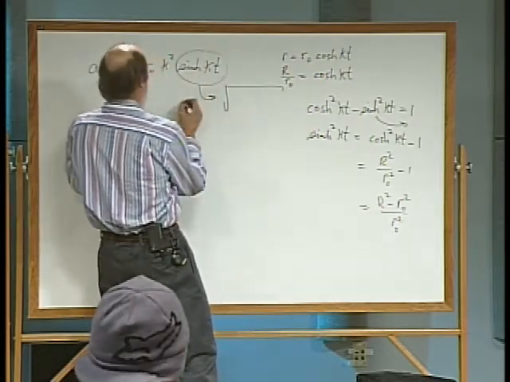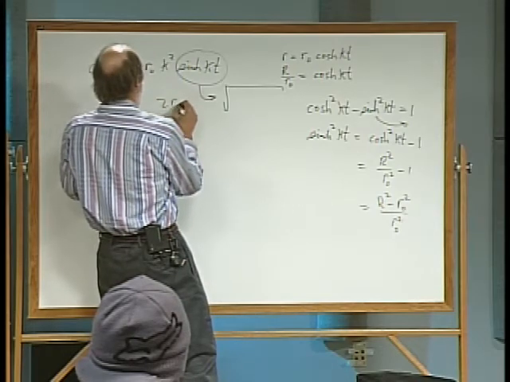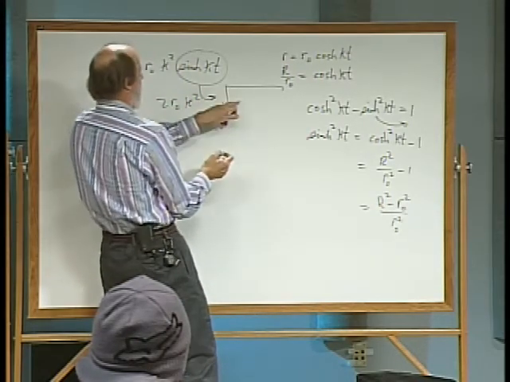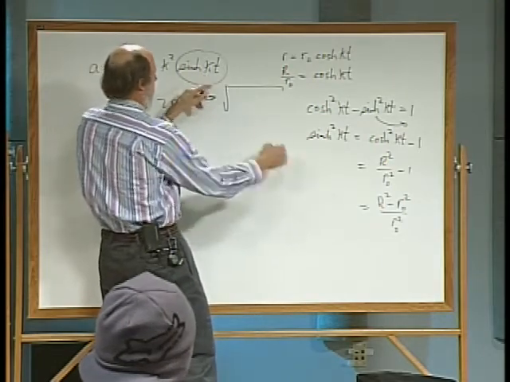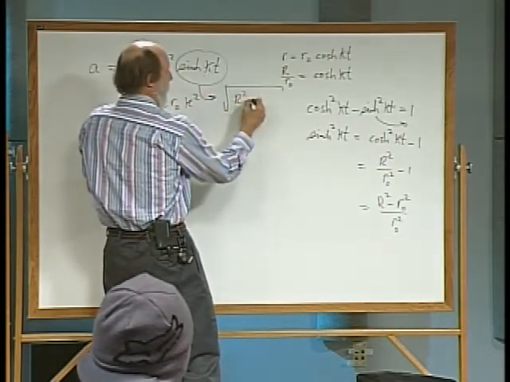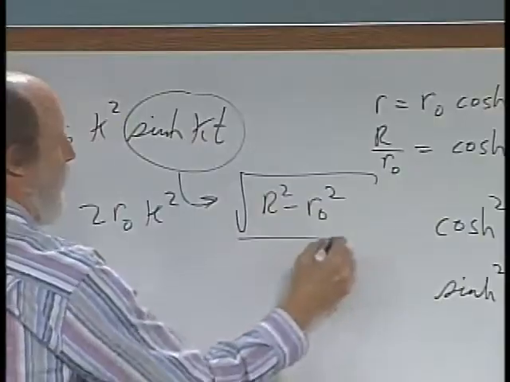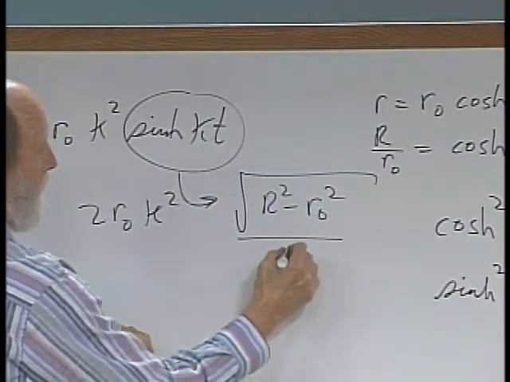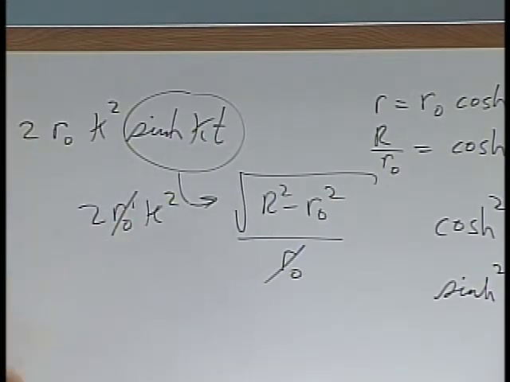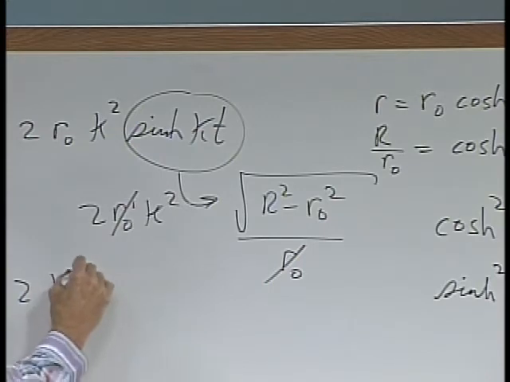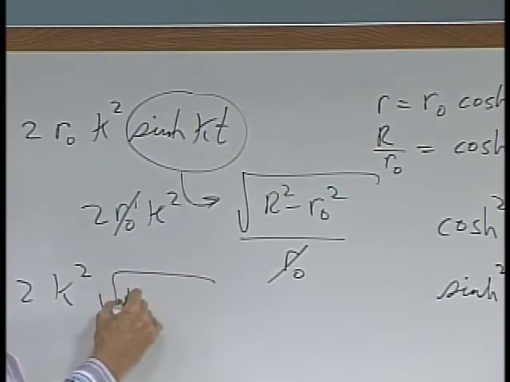And so we have twice r naught kappa squared, and replacing this hyperbolic sine with the square root of that expression, we have R squared minus r naught squared. Taking the square root of the denominator, r naught comes out and reduces out here to yield the answer, which should be 2 kappa squared times the radical.